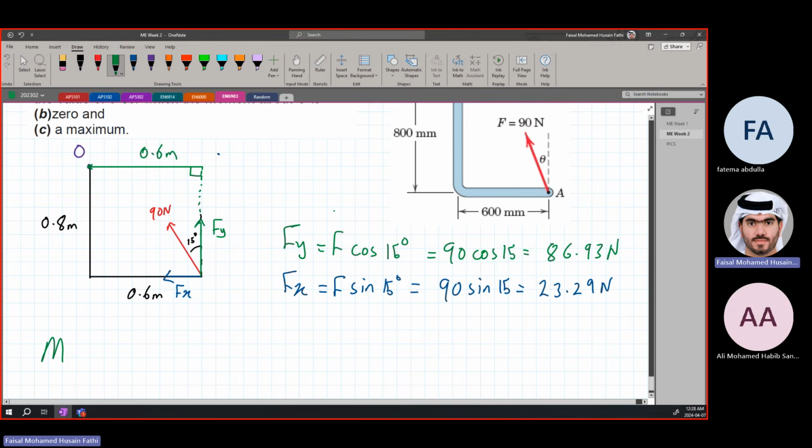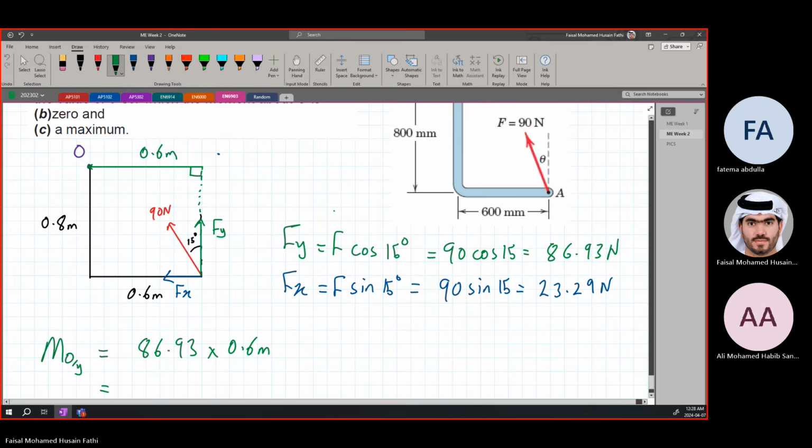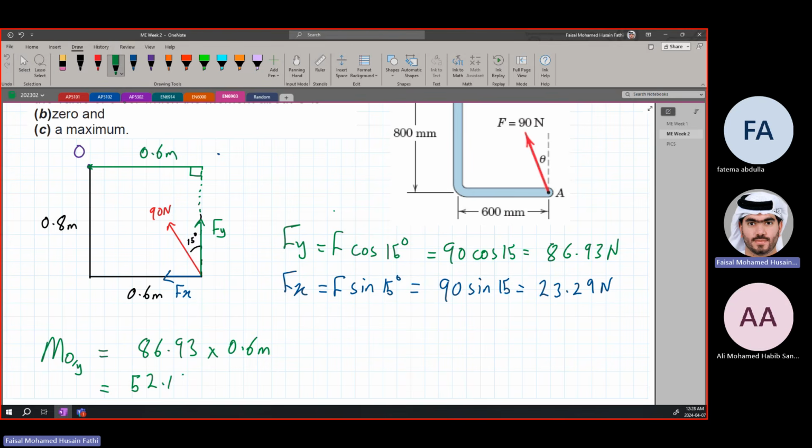So the moment of O due to Fy is equal to 86.93, which is Fy, times 0.6 meters, which is 52.158 Newton meters. No need for all of this. Let's just write 52.2 Newton meters.